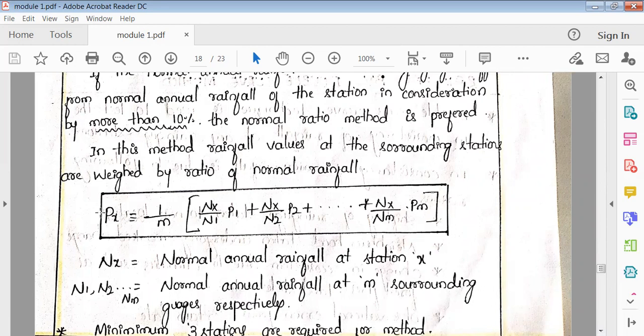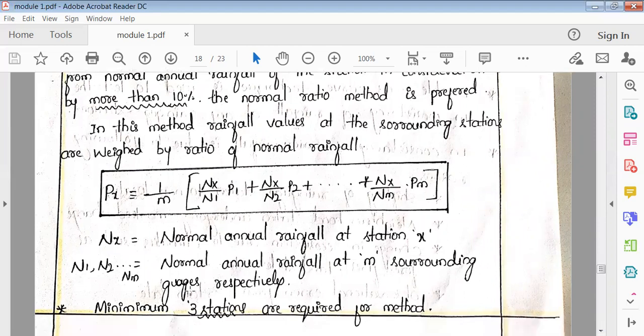Px is the precipitation at recording station X, and Px is given by 1 divided by M, where M is the number of rain gauges taken, minimum three rain gauge stations, and Nx is the normal annual rainfall at station X. N1 is the normal annual rainfall at the M surrounding gauges respectively.